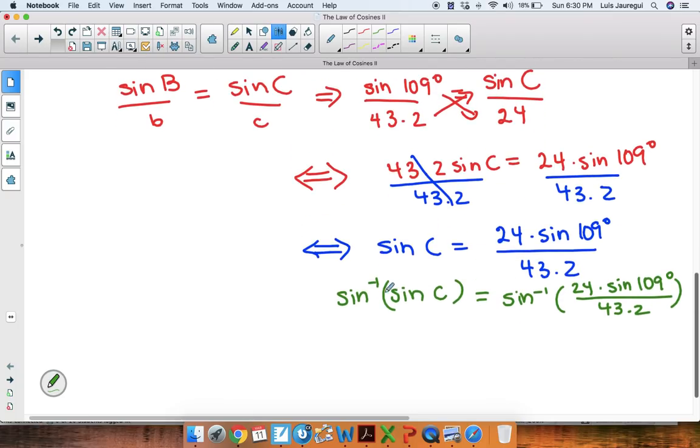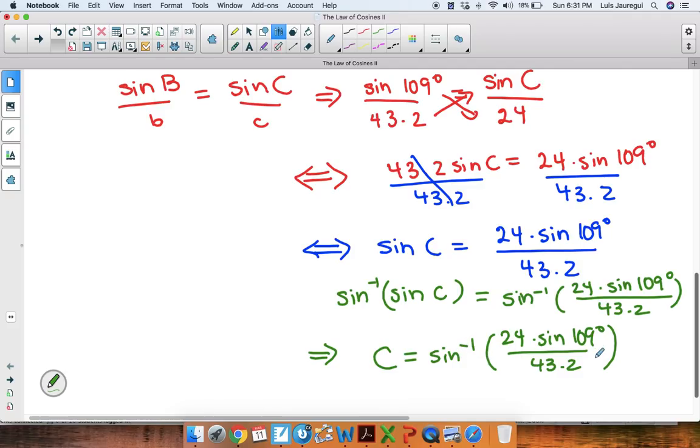And once we do this composition, sine inverse of sine of C just gives us C. So C is equal to sine inverse of 24 times sine of 109 degrees, everything divided by 43.2.